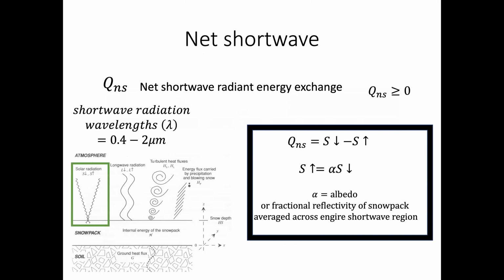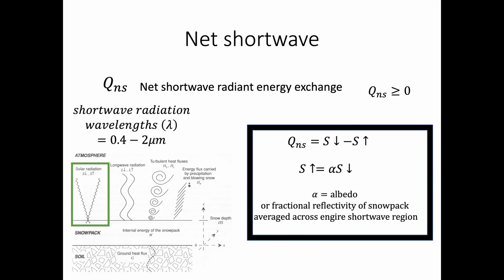In the black box, we see that the net shortwave radiation is the incoming solar radiation minus the outgoing or reflected solar radiation. Incoming solar radiation can be calculated for a clear sky using known quantities and geometry. There is a lot of detail in there, so I won't go into that in this lecture.